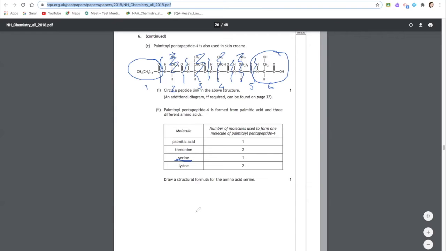If we draw that out fully, we've got N, and don't forget that N becomes an NH2, C, CH2, OH, H, and then the carboxyl group at the end. Just make sure you show correct connectivity of your atoms, so make sure the hydroxyl group's oxygen is bonded to the carbon there.